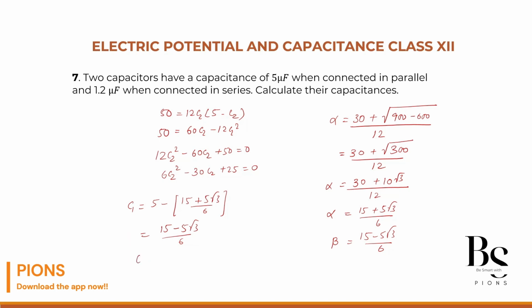When you put beta, then the C1 value will be 5 minus 15 minus 5 root 3 upon 6. So that will give us 15 plus 5 root 3 upon 6. So these are the two possible values of C1 and C2 for this combination to take place.